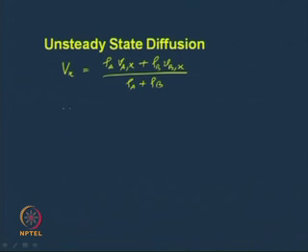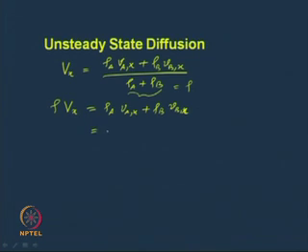So, we can write ρA plus ρB is equal to ρ. So, ρ times the mass average velocity Vx will be equal to ρA vAx plus ρB vBx, and ρA we can write MA CA, and then vAx plus MB CB vBx.